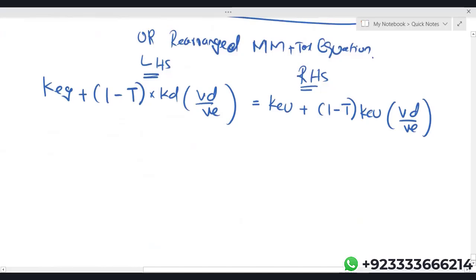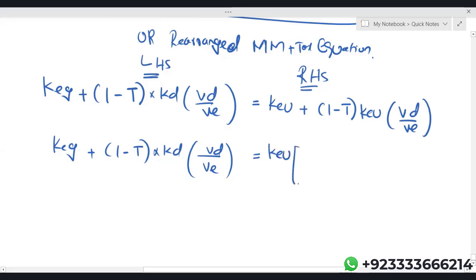I have made little bit more adjustment to that to make it more easier, which surprisingly ACCA people have not clearly taken in the formula. They have taken while solving, obviously they had to do it. Mathematically, we can take KU common. If I take KU common, it will be like this: 1 plus 1 minus tax rate into VD upon V. Now you might be thinking, sir, what is the big deal?